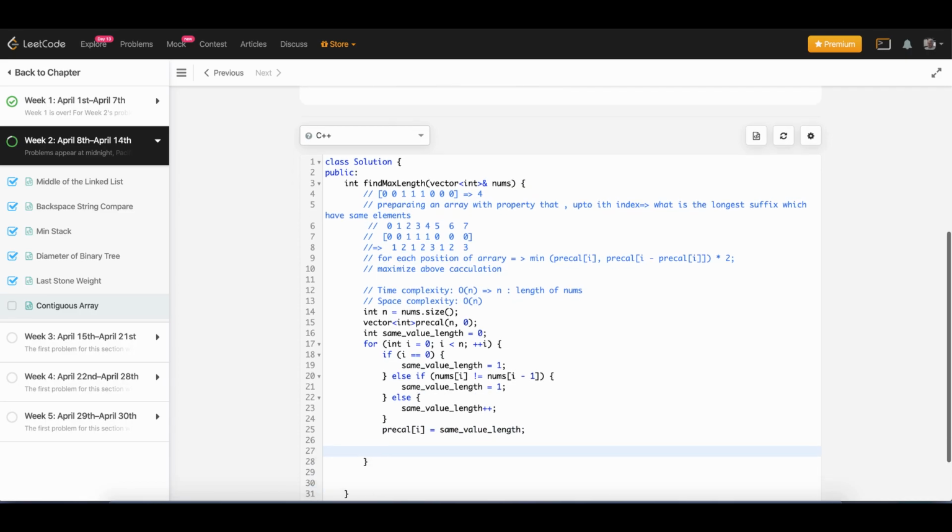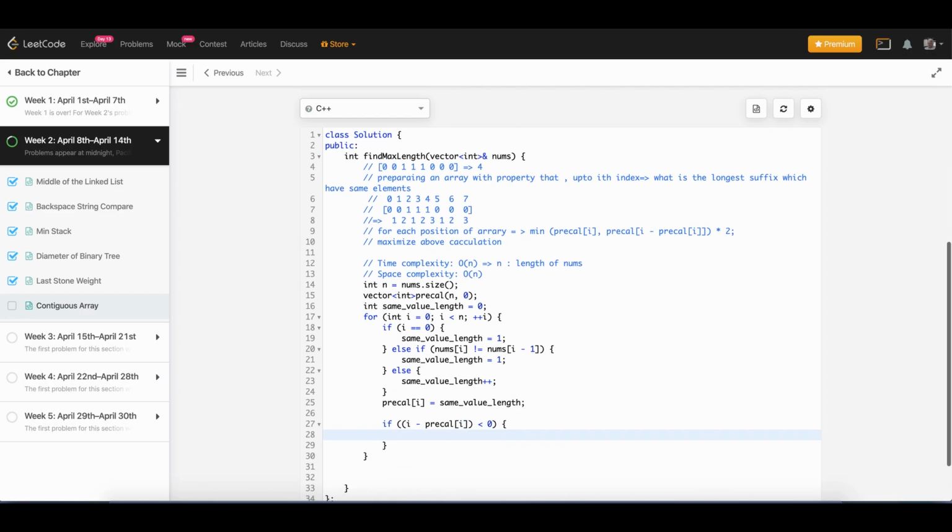Now if we find that I minus pre-cal of I is less than 0, in that case we won't be considering that.